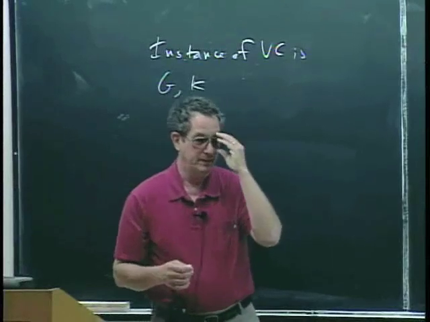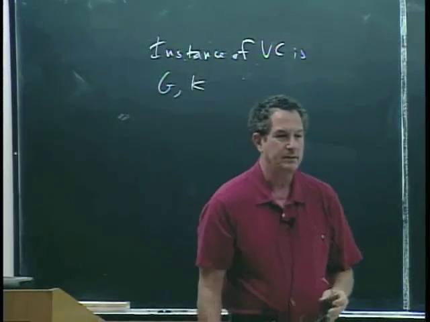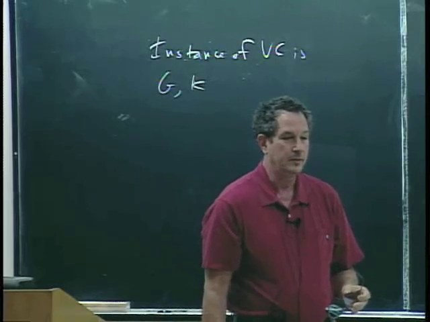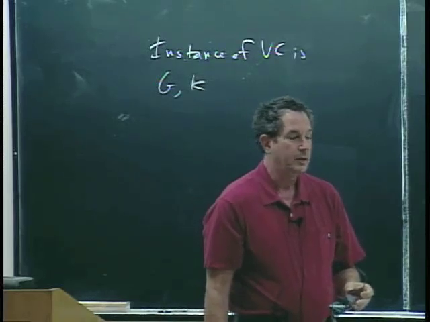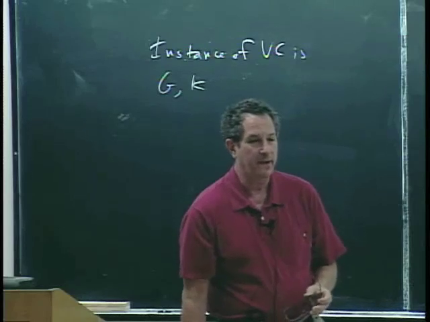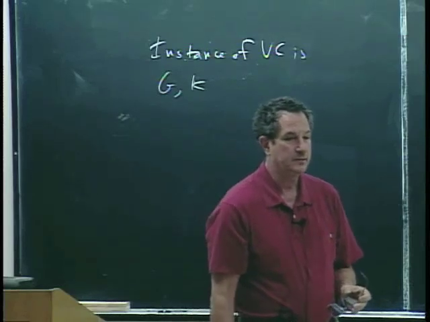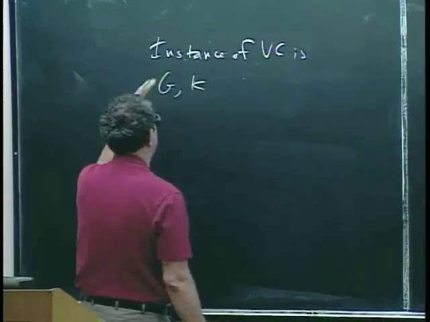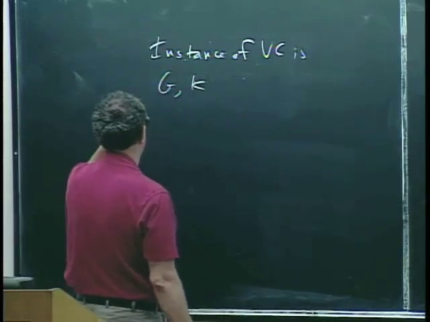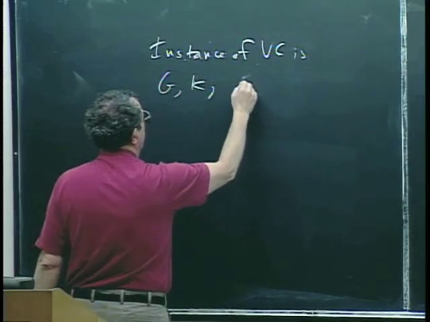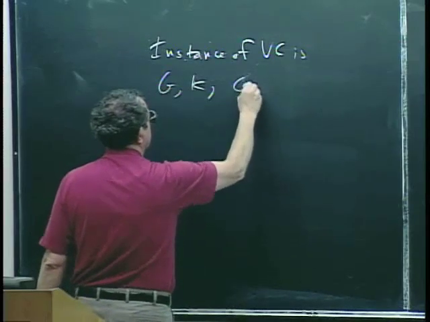Could we just solve problem Y for G and then satisfy G minus K? You said problem Y, which is the vertex cover problem, or sorry, the independent set problem. Okay, so what we're going to do is take this instance of G and K, and then compute.